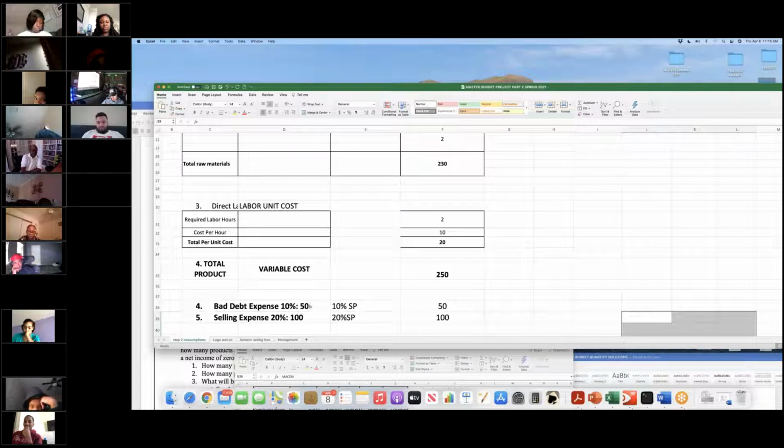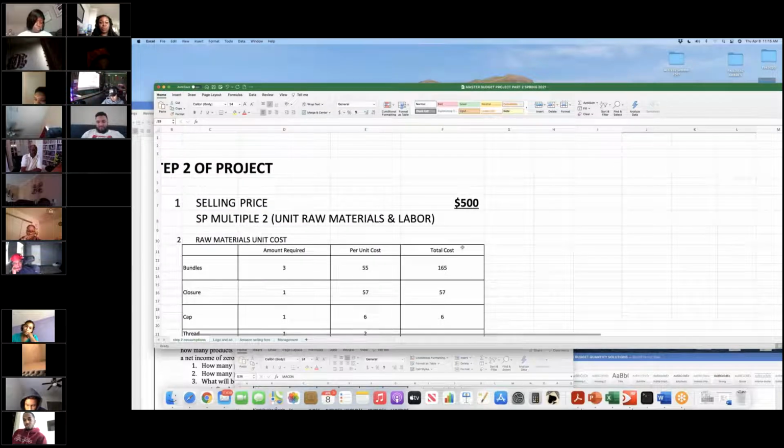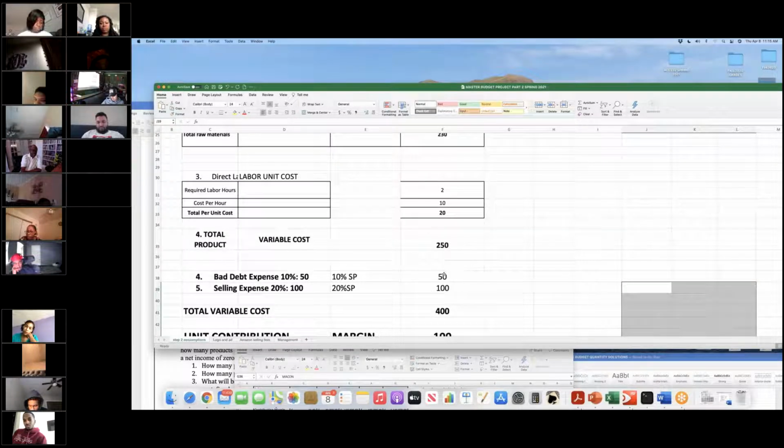For bad debts expense, unless you want to use something different, you can use 10% of the selling price for the bad debt and 20% of the selling price for selling expenses. So if we had a $500 selling price, then bad debts would be 50, selling expenses would be 100.